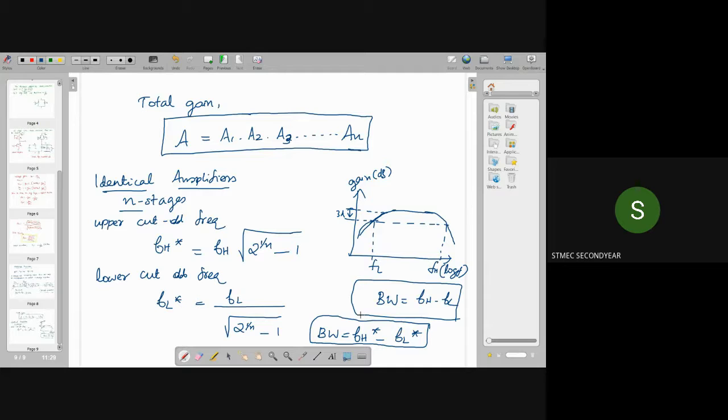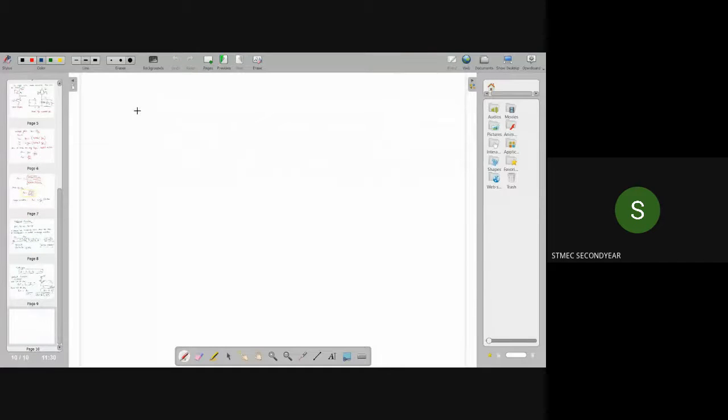Can you tell me, by cascading or in multi-stage amplifiers, does the bandwidth increase or decrease? Can you tell by looking at the equations whether the bandwidth increases or decreases? We cannot say from the equation. Okay, then what will happen to the upper cutoff frequency?